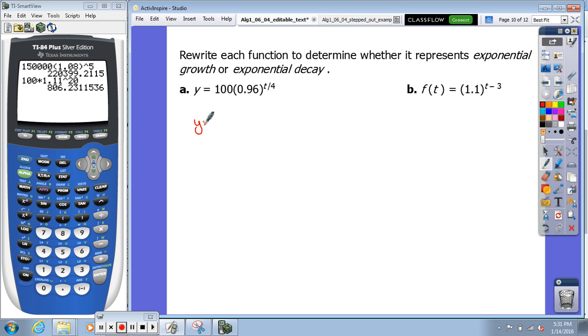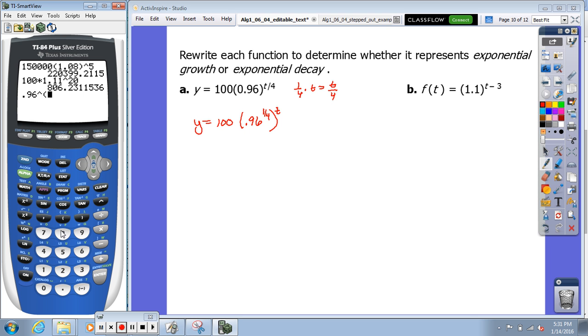So I want to rewrite this equation as 0.96 to the 1/4 to the t, because we know that 1/4 times t equals t over 4. Then I simply type the 0.96 to the 1/4 into my calculator, so I can find out what that decimal is and determine if it's growth or decay.